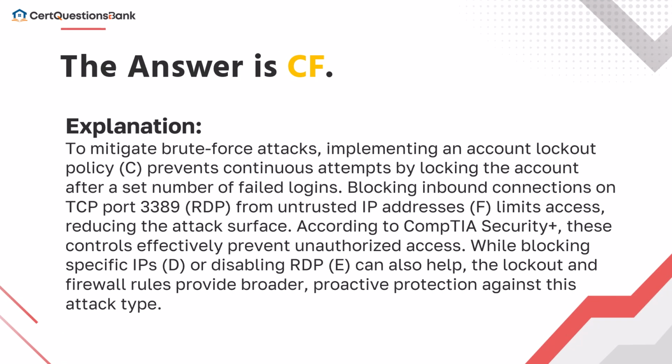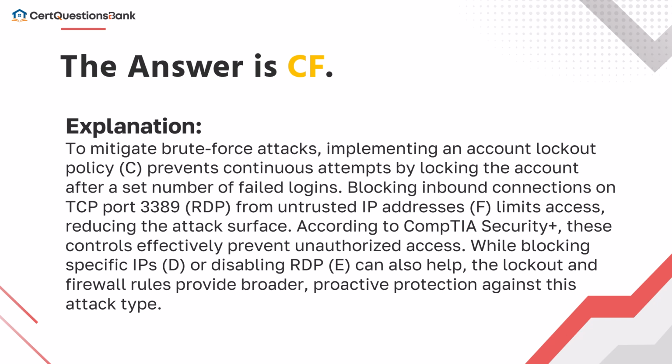The answer is C and F. To mitigate brute force attacks, implementing an account lockout policy, C, prevents continuous attempts by locking the account after a set number of failed logins. Blocking inbound connections on TCP port 3389, RDP, from untrusted IP addresses, F, limits access, reducing the attack surface.